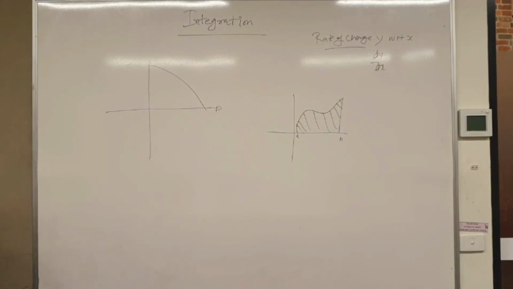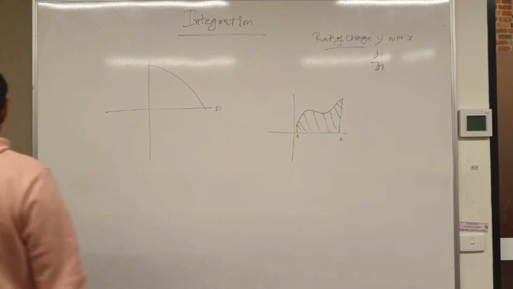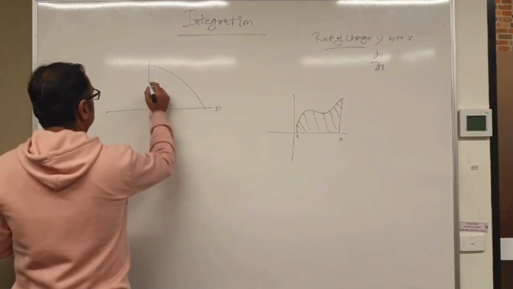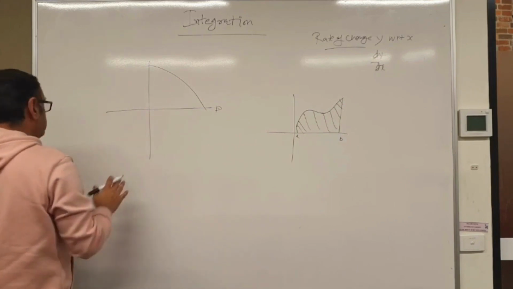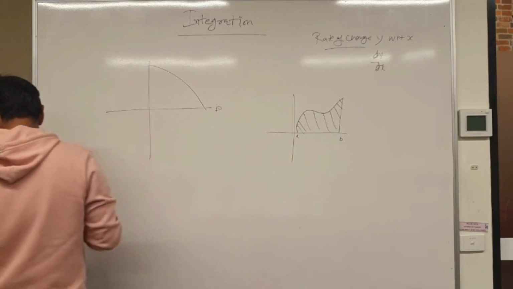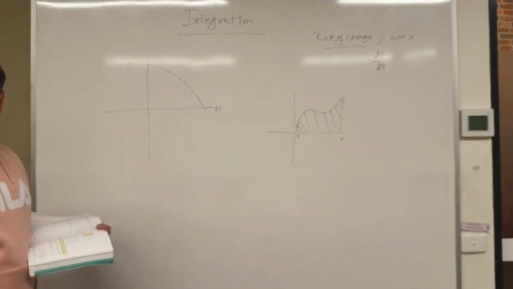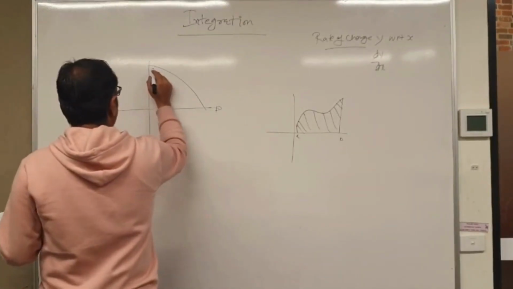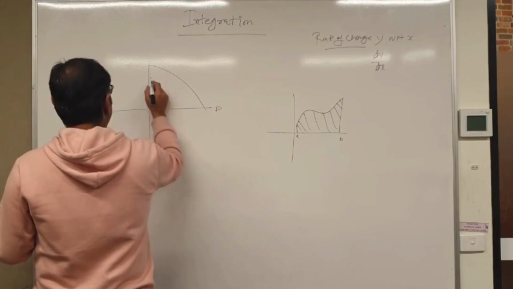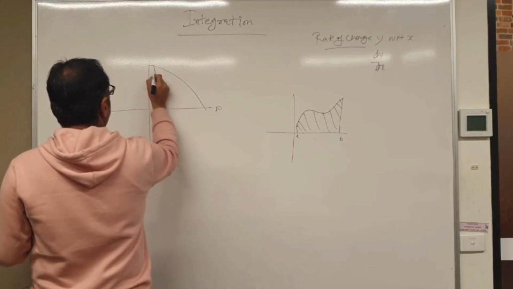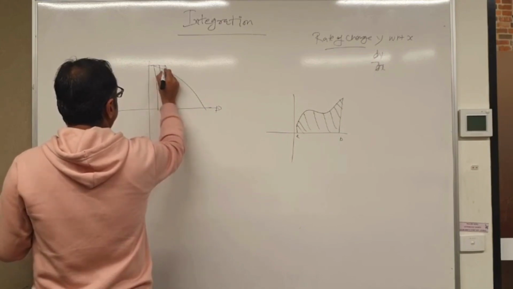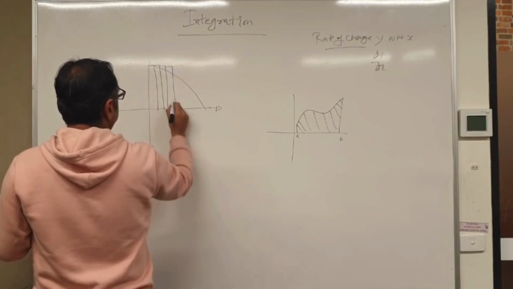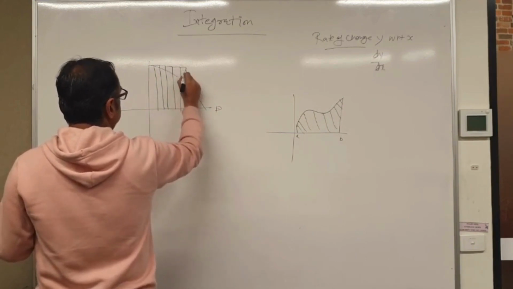It's not a perfect rectangle or triangle, right? So one way is that I start drawing from the left. I start drawing rectangles. So let's say I draw rectangles in such a way that, okay, that's the first rectangle, that's the second rectangle, that's the third rectangle, that's the fourth, equal rectangles basically.